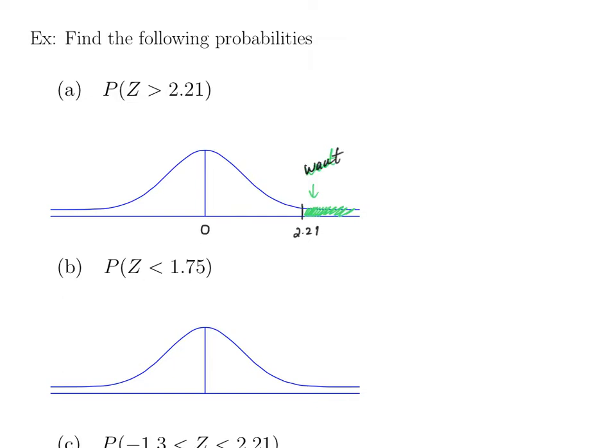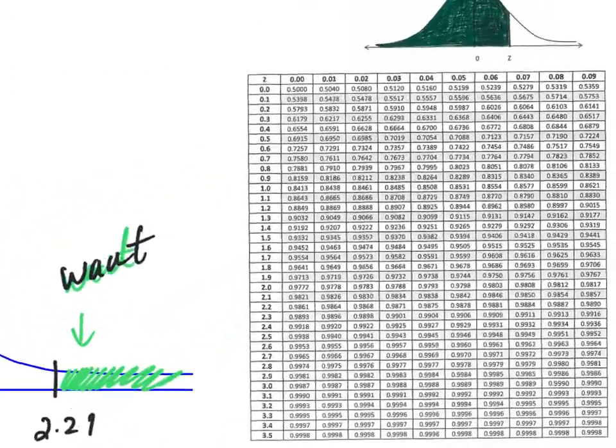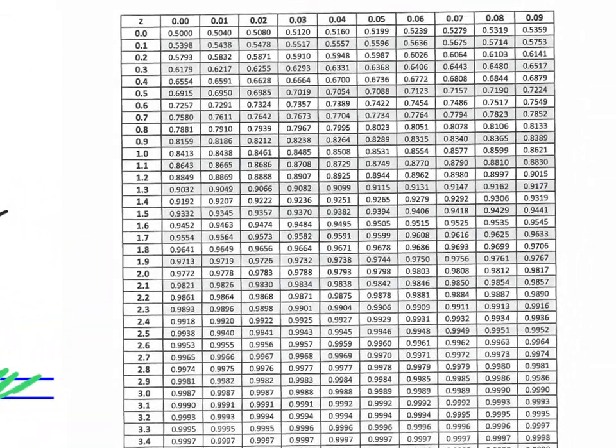Remember, how do we find the green area? It will be 1 minus the yellow area. So what is the yellow area? Look at the table, and we want 2.21. So 2.2 is here. And then you look to the 1, it will be this one right here.